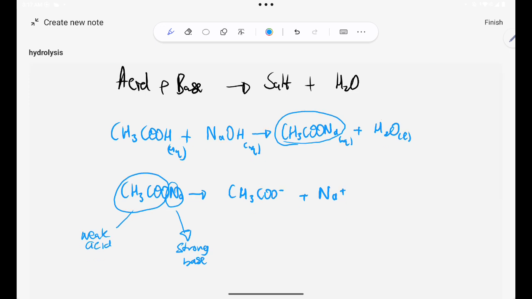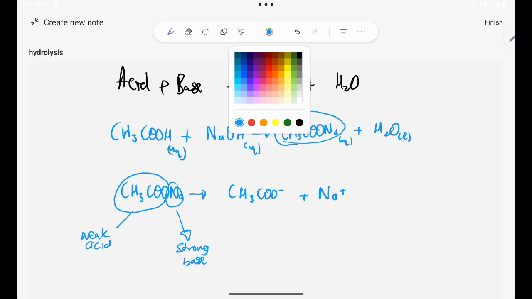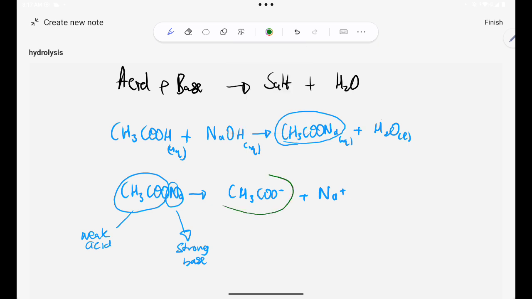A weak substance will always give a stronger conjugate ion. Since I used my weak acid, which was ethanoic acid, the ethanoic acid will always give me a stronger conjugate ion.